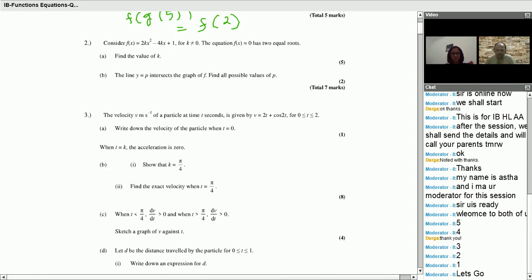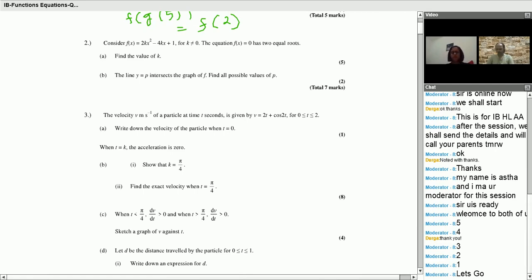Consider f of x equals 2k x squared minus 4k x plus 1 for k not equal to 0. The equation f of x equals 0 has two equal roots. You have to get the value of k. Would you use the discriminant formula? Okay. So negative 4k squared minus 4 times 2k times 1 is more than 0.